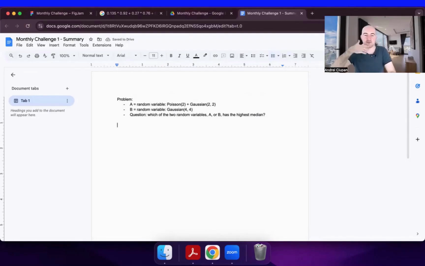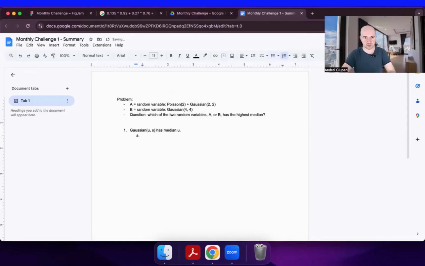Here's how we solve the problem. First, we describe what a random variable and what a median are, just for those who are not familiar with these concepts. Then we stated, without even proving it because it's such a standard result, that a Gaussian of any mu and sigma squared has median mu.